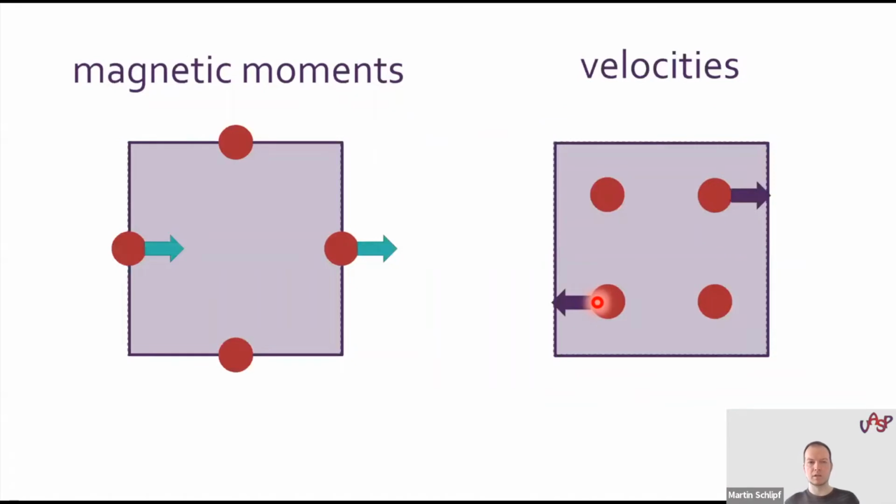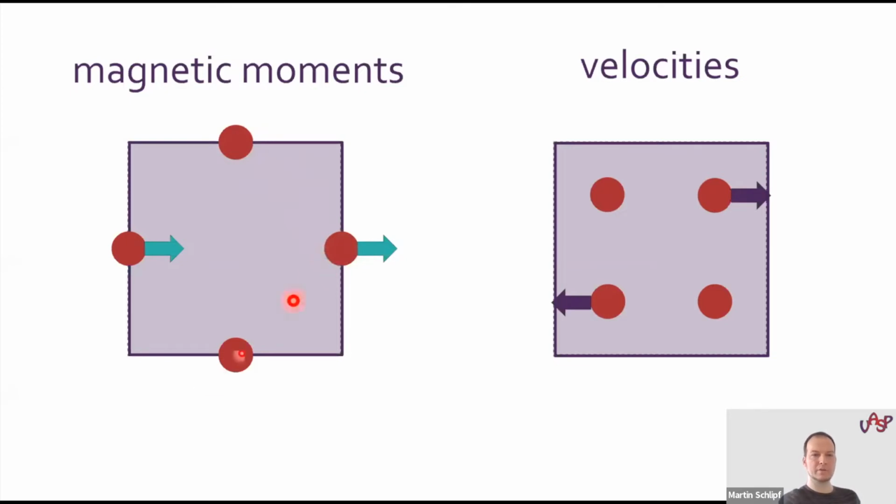Recall that on these atomic positions, we might have additional vectors that play a role, for example, magnetic moments or velocities, and these can also lower your symmetry. Here, for example, you can see that we have two different magnetic moments for these atoms. When you rotate by 90 degrees, you would swap the magnetic moment.